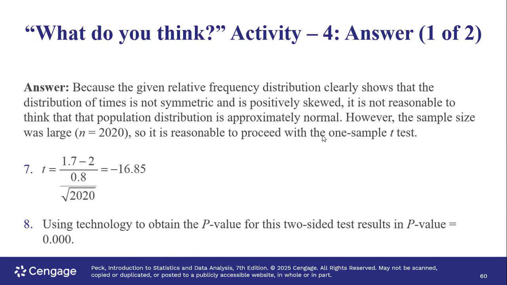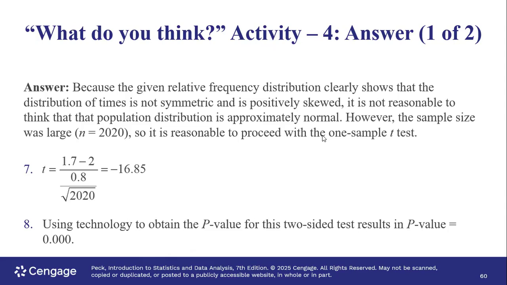That difference is divided by the S value, which is 0.8, divided by the square root. Why the square root? Because you want to divide the sample standard deviation by the square root of the sample size. Type the square root of 2020 and hit enter. Let's calculate this again.